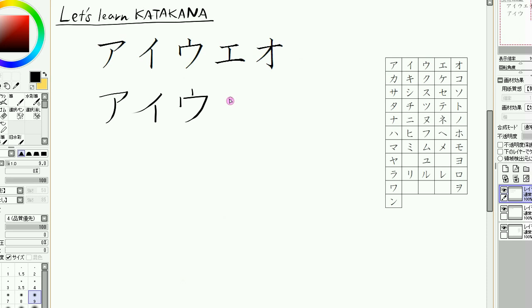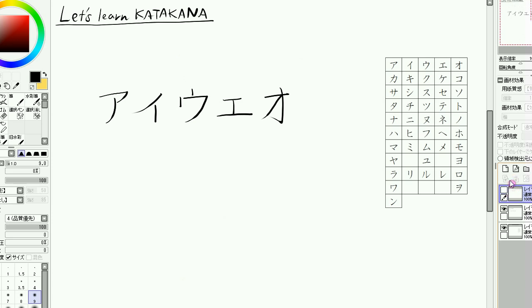Okay, fourth one is straight, straight, and straight. Okay, fifth one, straight line and a long vertical line and a little sweep here. And from the crossing point, you sweep to the left. All right, so let's erase the typed ones.